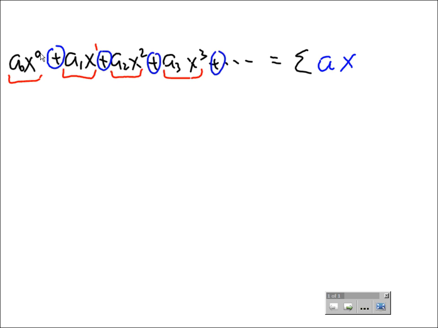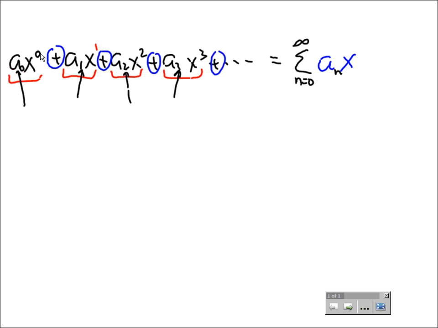Then I notice what's changing. That subscript is 0 and then 1 and then 2 and then 3 forever. So I'll call that subscript n, and I'll say n starts with 0 and it goes forever. 0, 1, 2, 3.